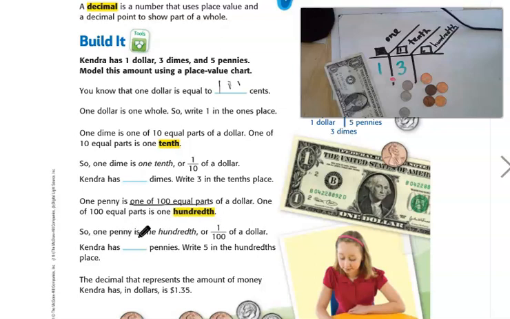Kendra has 5 pennies, so in our hundredths place we're going to write 5. And that's how it works to use dimes and pennies and dollars to represent your number. The decimal that represents the amount of money Kendra has in dollars is $1.35.